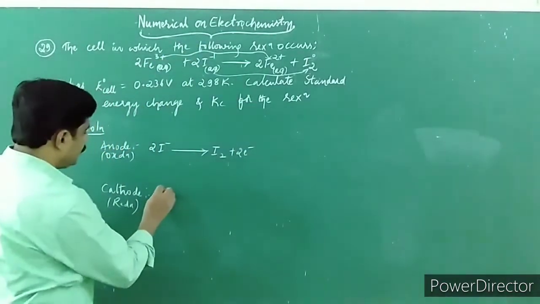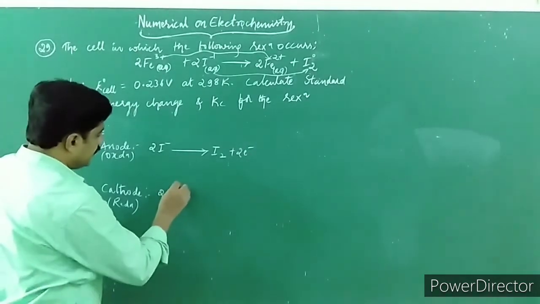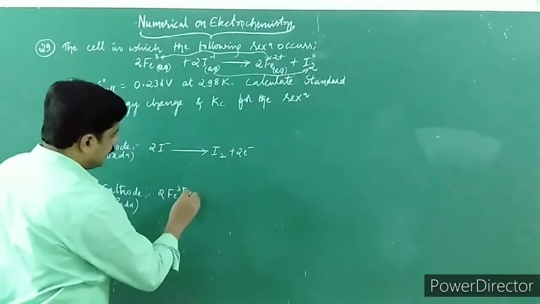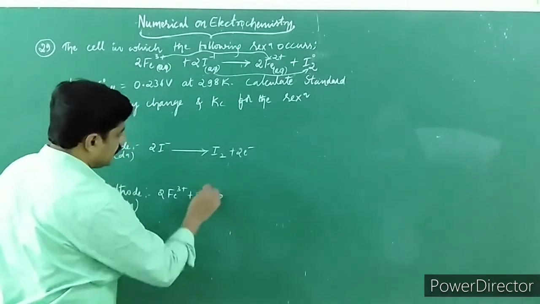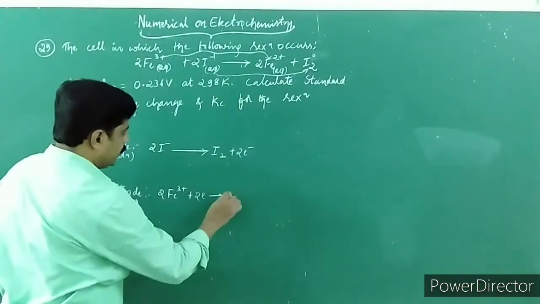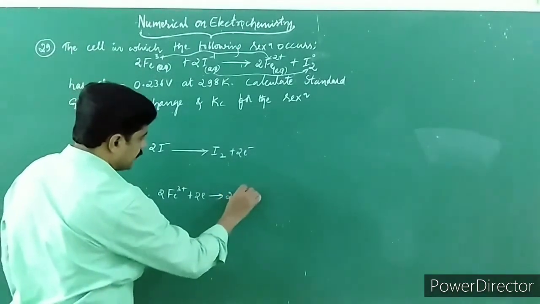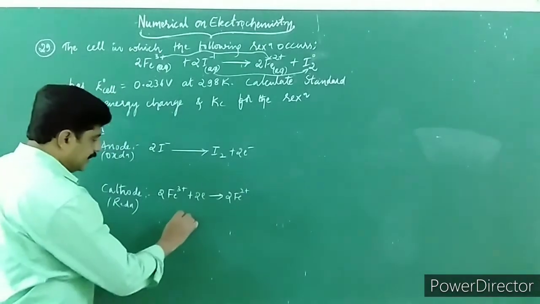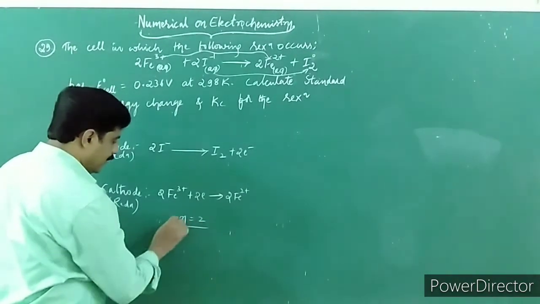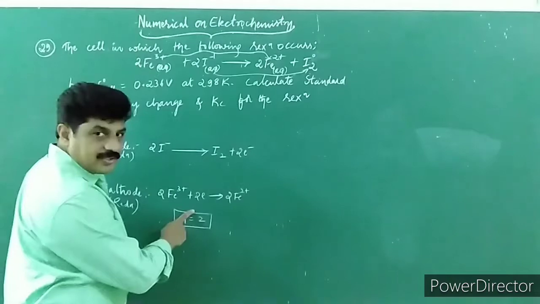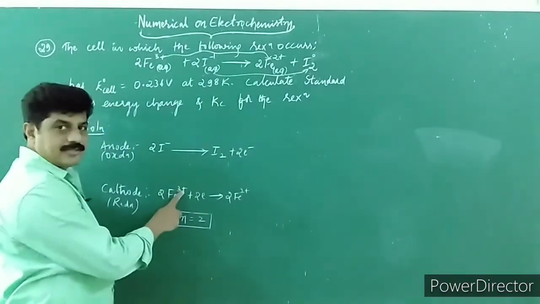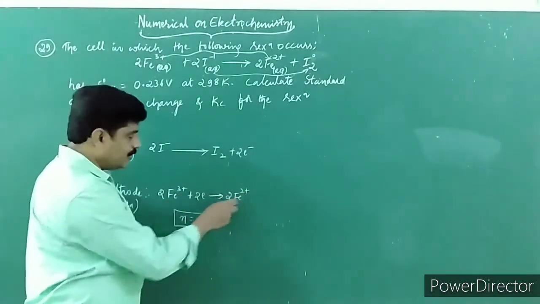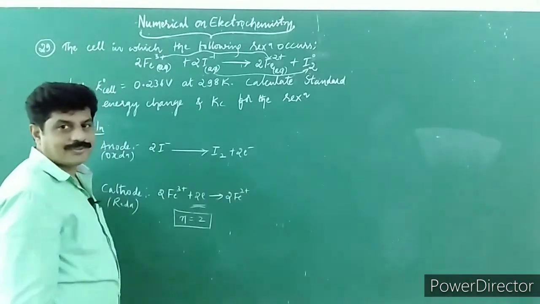Children, let me write 2Fe3+ taking up 2 electrons which are lost in the first reaction. You are going to get 2Fe2+ ions. Remember, n is equal to 2. Why? For the reduction process of 2Fe3+ to 2Fe2+, you require 2 moles of electrons.